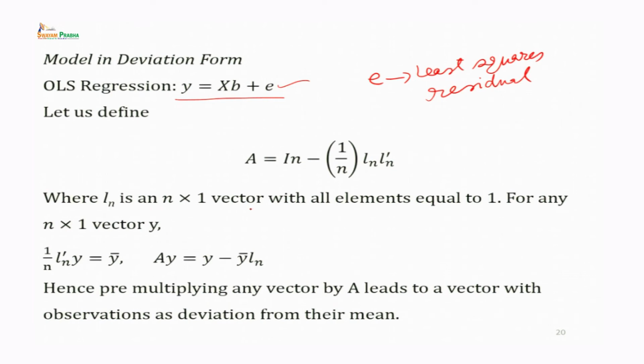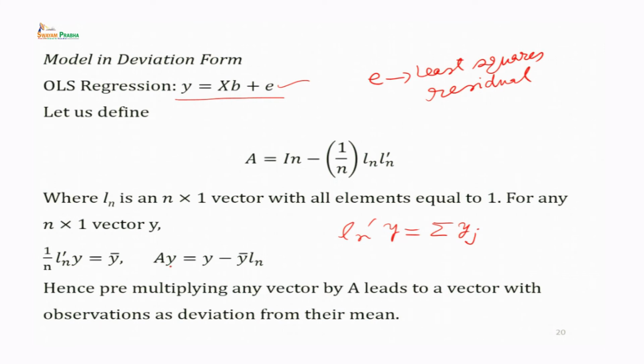Ln is an n cross 1 vector with all elements equal to 1. Then for any vector y, 1 upon n Ln transpose y. What is Ln transpose y? Ln has all elements equal to 1, and then you have y. So, Ln transpose y is equal to summation y j, and 1 upon n Ln transpose y is y bar.